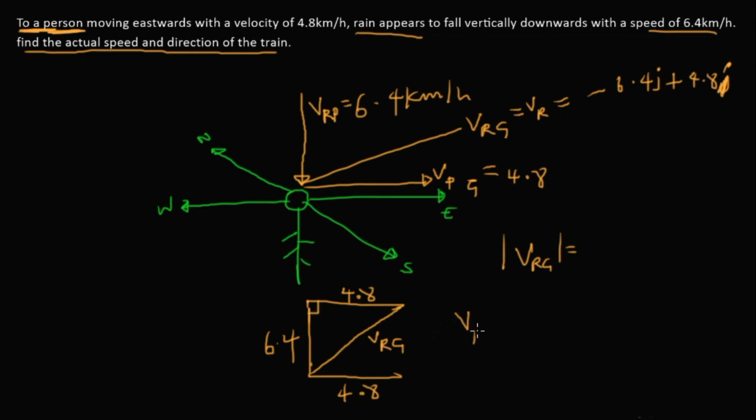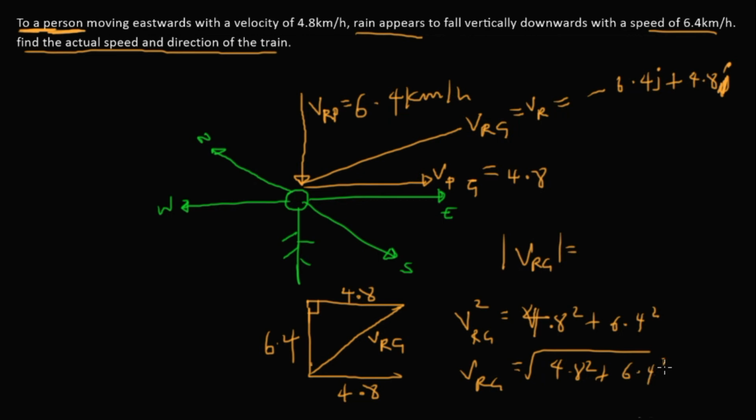So VRG squared, according to that formula, is 4.8 squared plus 6.4 squared. If I make VRG the subject, that would be the square root of 4.8 squared plus 6.4 squared.